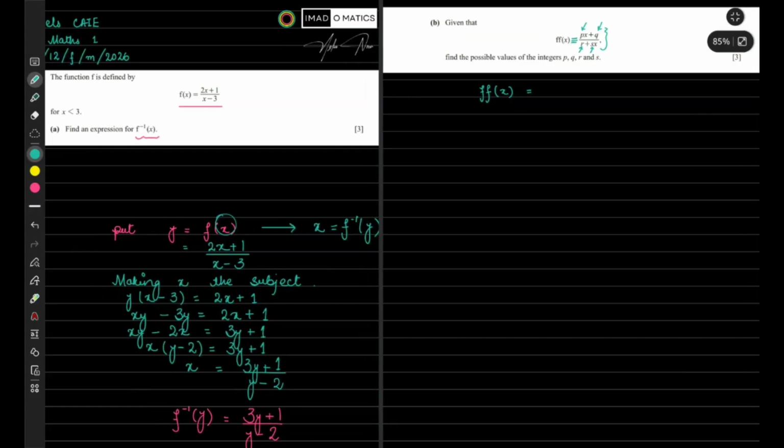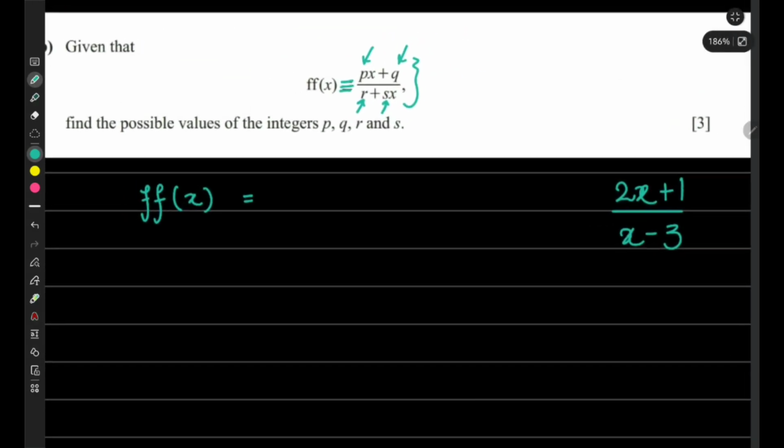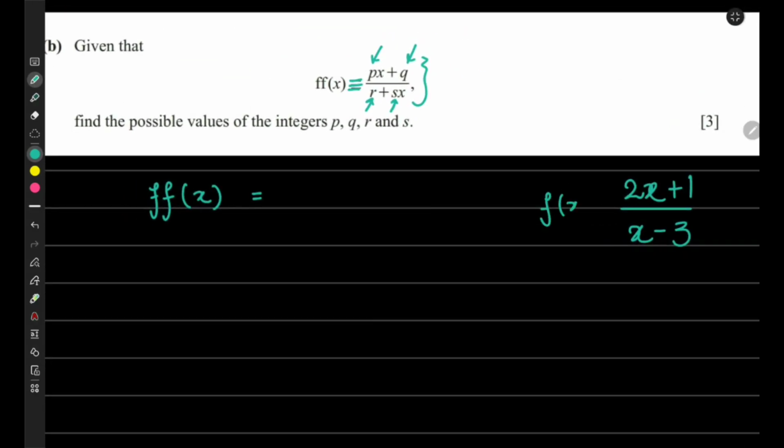Okay, so what is f of x? 2x plus 1 over x minus 3. So I am writing this on the side.